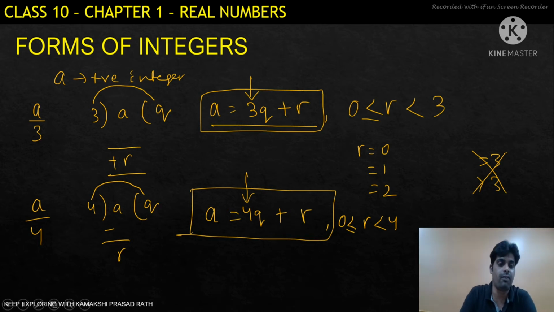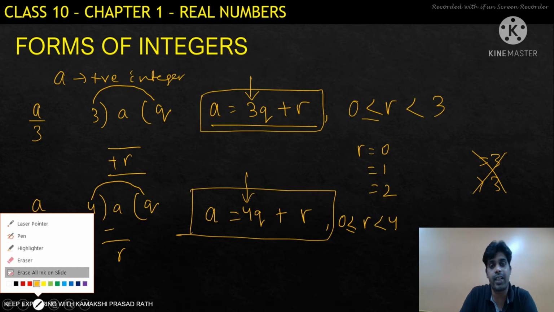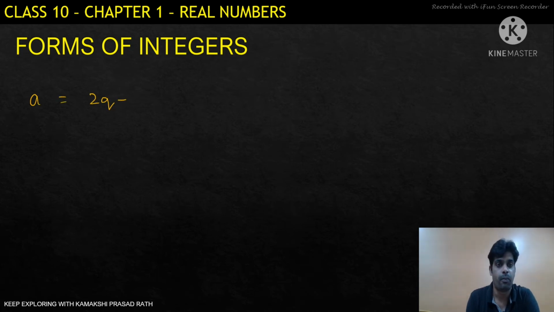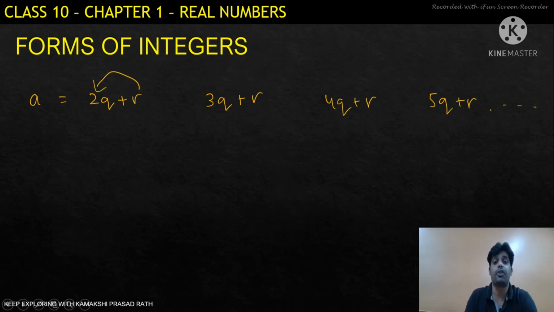So here finally what we can say, just by looking at the form we can know by what we are dividing. So what are the forms we are having? Now a can be written as 2q plus r, 3q plus r, 4q plus r, 5q plus r, and so on, where r depends upon what we are dividing by. So here we are dividing by 2, so r can be 0 or r can be 1.